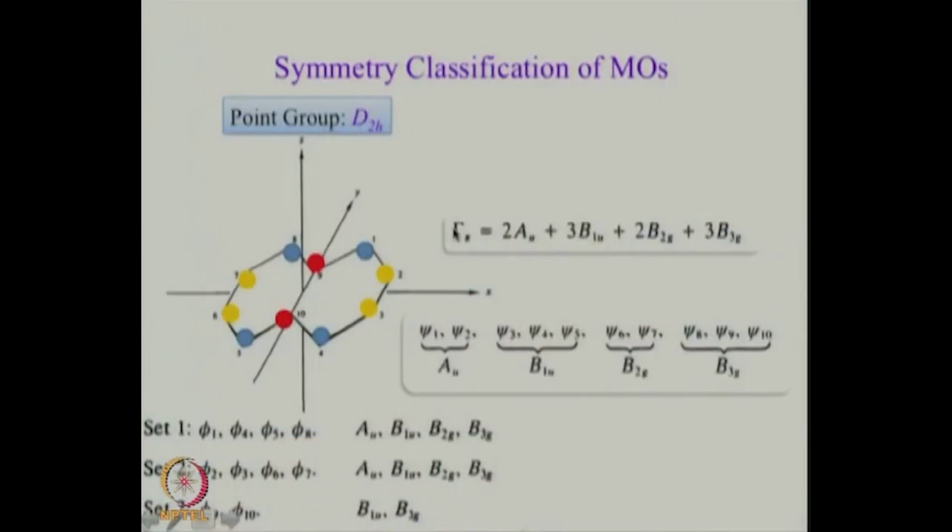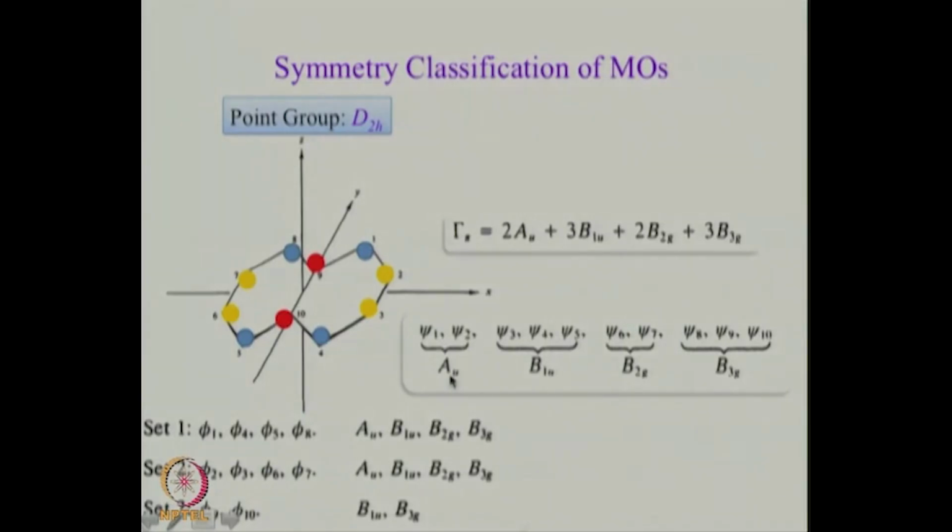Okay, welcome back after a long break. We are discussing the molecular orbitals, 5 molecular orbitals of naphthalene, and what we have got so far is that we have been able to determine the symmetries of the molecular orbitals that we are going to get.